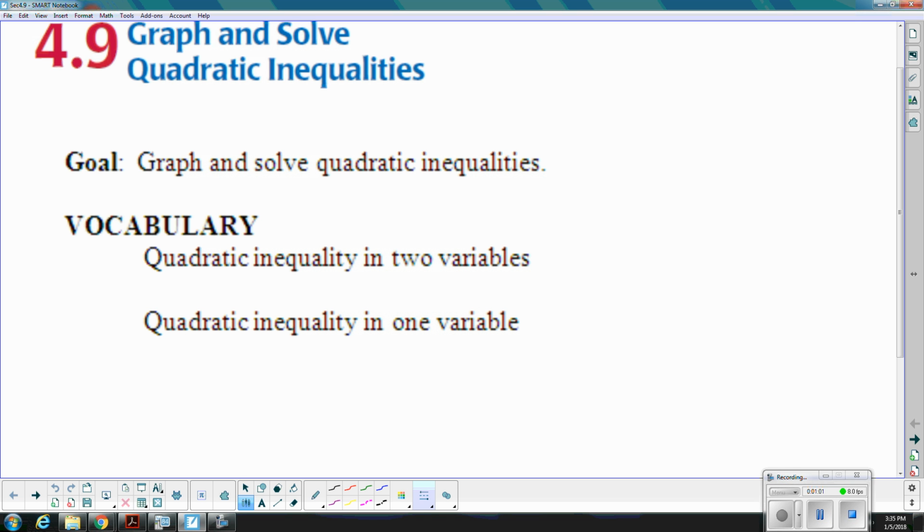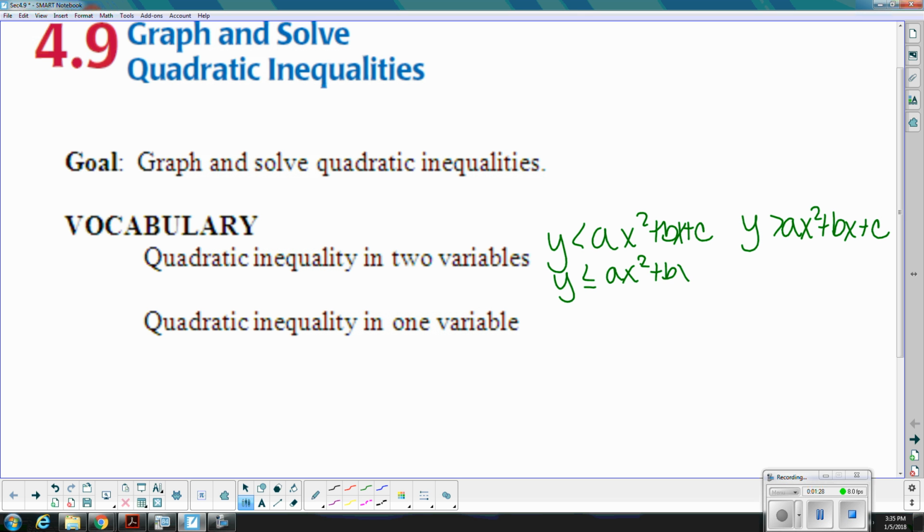So a quadratic inequality in two variables is y is less than ax squared plus bx plus c, or y is greater than ax squared plus bx plus c, or it could be y is less than or equal to ax squared plus bx plus c, or it could be y is greater than or equal to ax squared plus bx plus c.